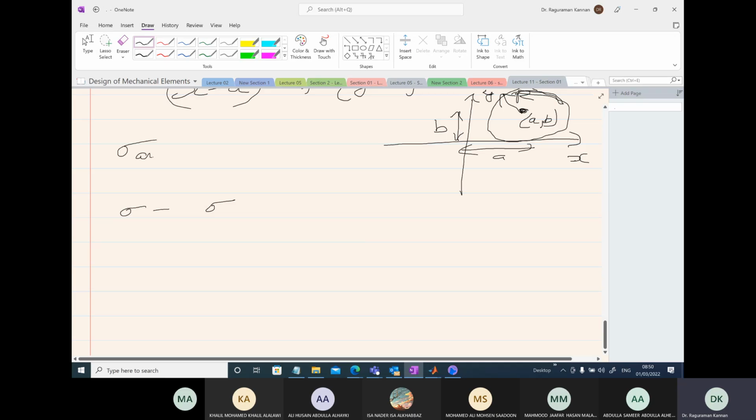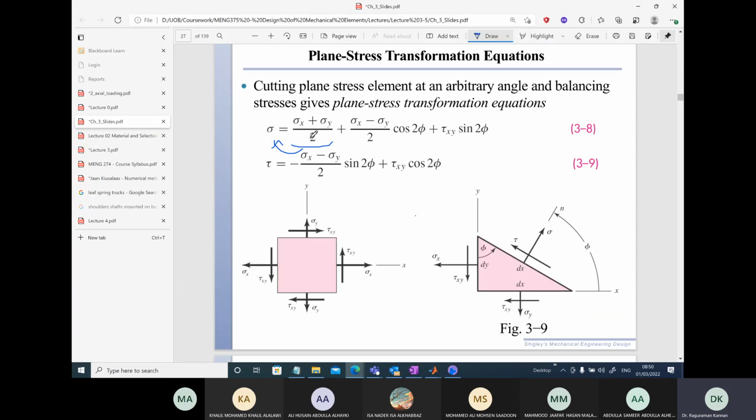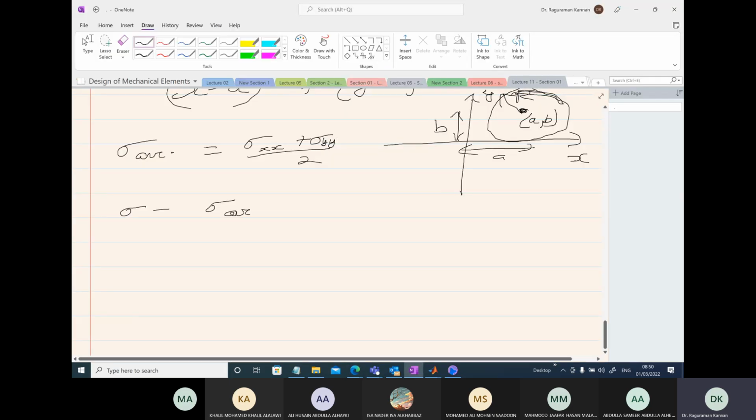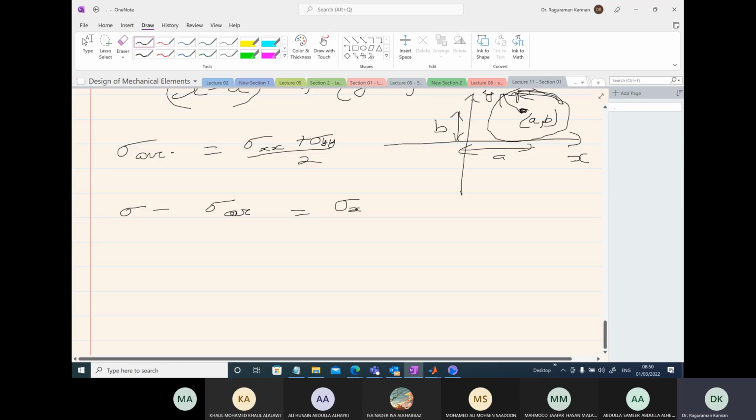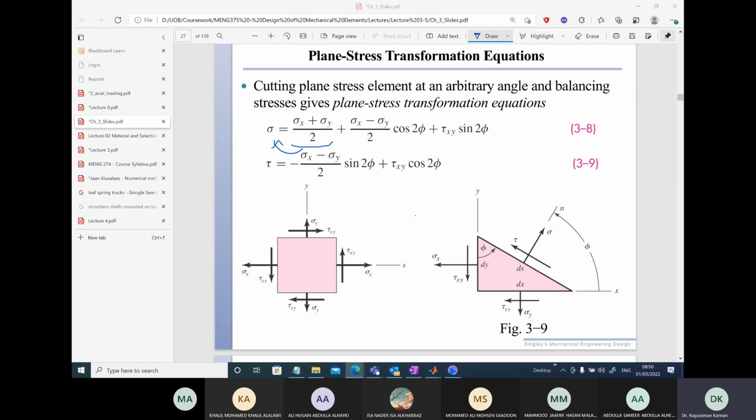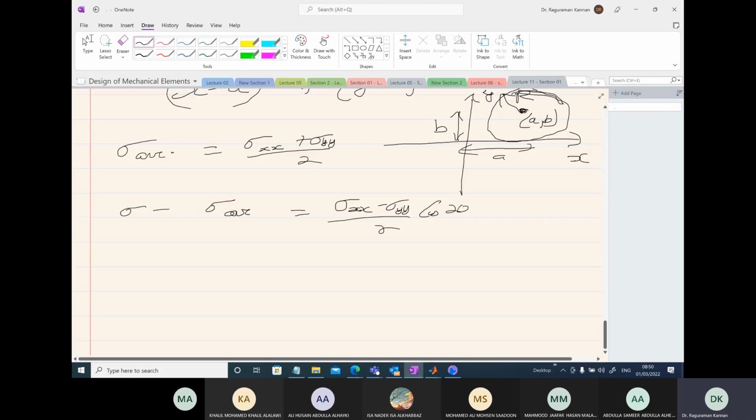Before that I'm just going to write sigma average is equal to sigma xx plus sigma yy over 2. Assuming this is the case, I can replace this term with sigma average and write the same equation: sigma minus sigma average is equal to sigma xx minus sigma yy over 2 cosine 2 phi, and then we have plus tau xy sine 2 phi.